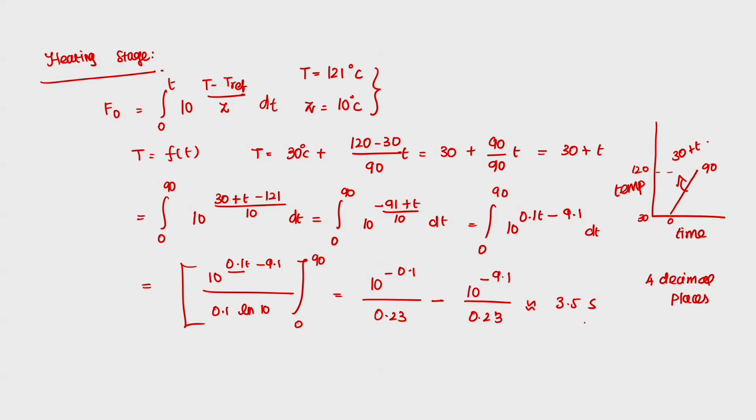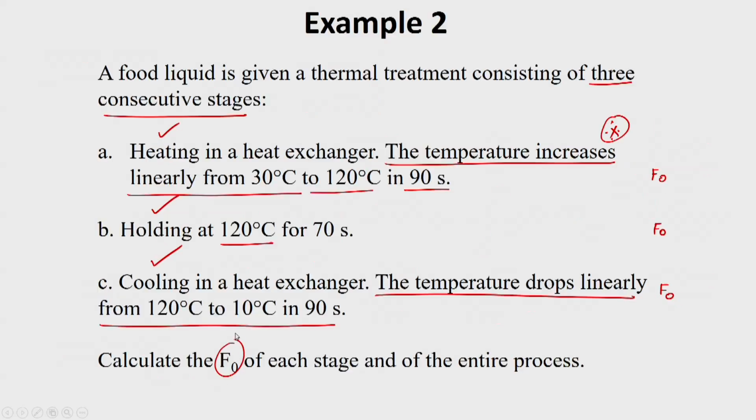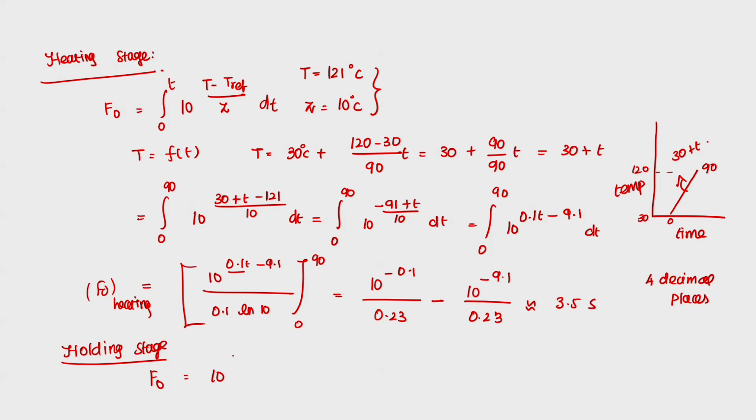Okay. So the heating stage we have calculated. This is F naught at heating. The holding stage is very much simpler because it is a constant temperature process. It is holding at 120 degrees, so 10 to the power of (120 minus 121) upon 10, integrated from 0 to 70 into dt.